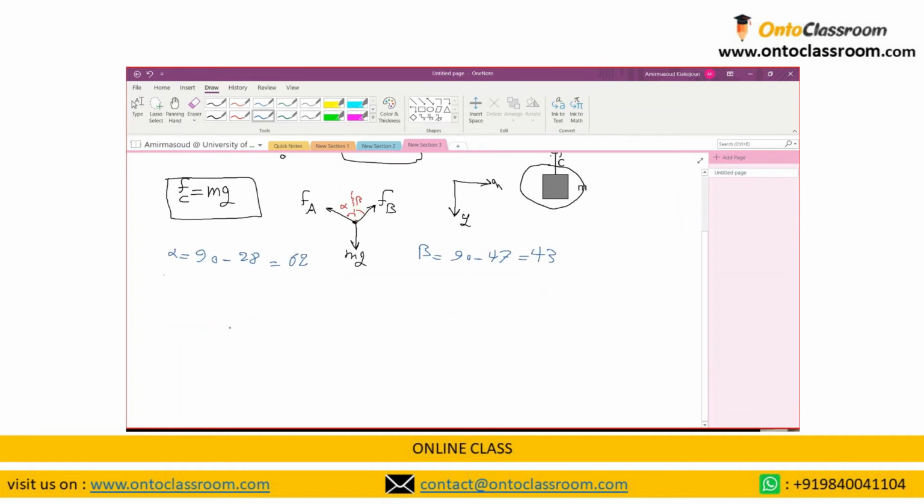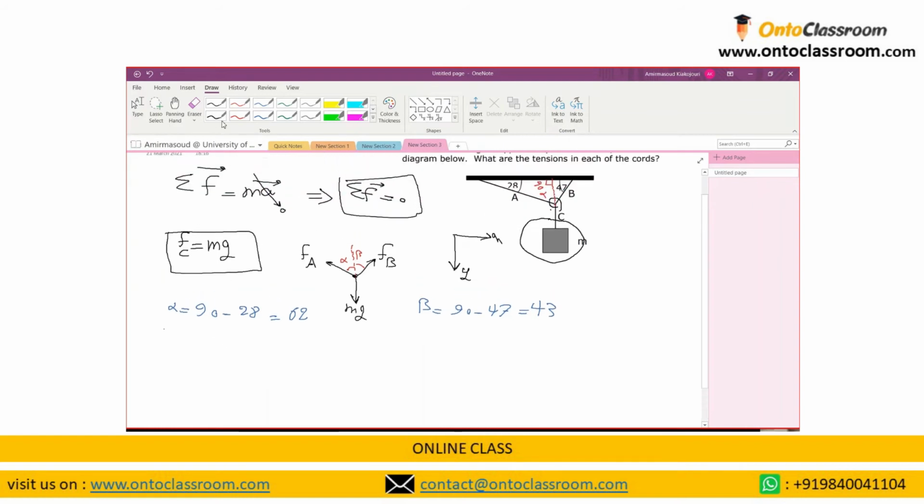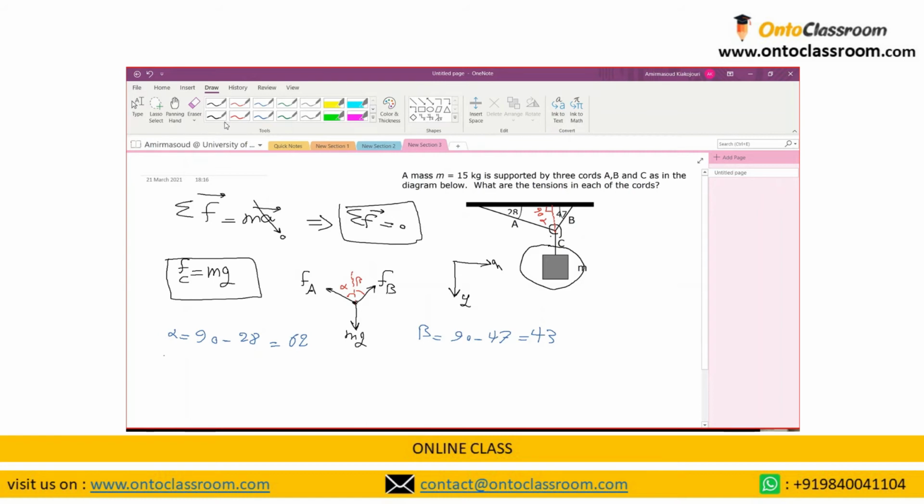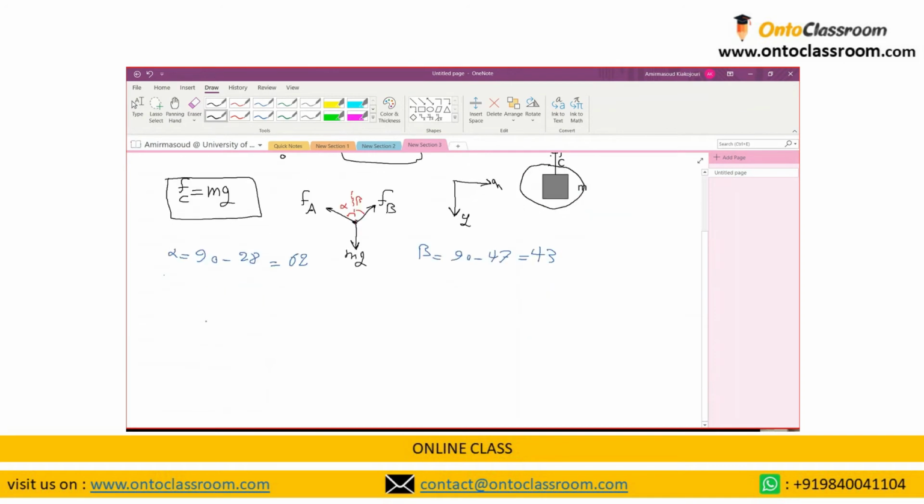So if I break this force in two directions, x and y, FA y is equal to FA cosine of alpha.